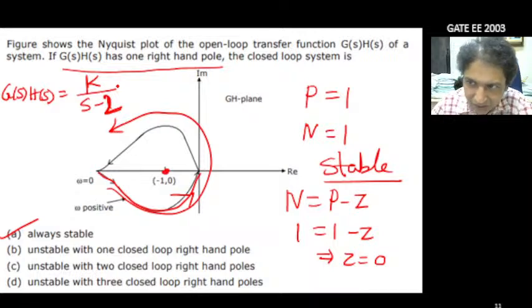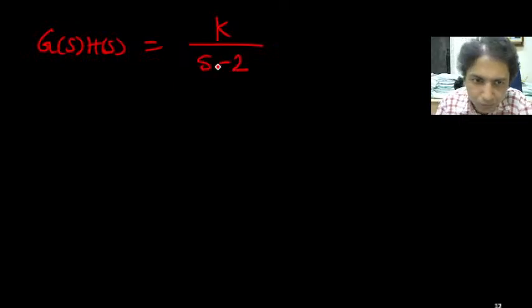Can you understand? This is very crucial, what I am going to discuss. GSHS is of this form, k upon S minus 2. Can you draw the polar plot for this one? It is very, very crucial. Let me discuss in detail. It will help you. So GSHS is of the form k upon S minus 2.